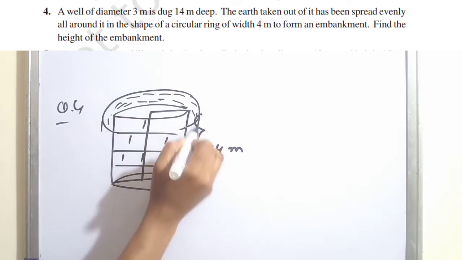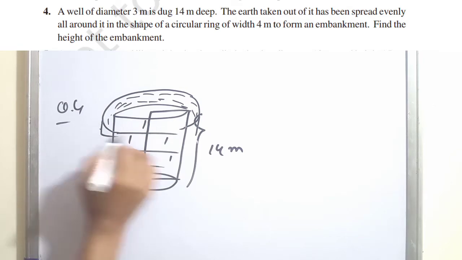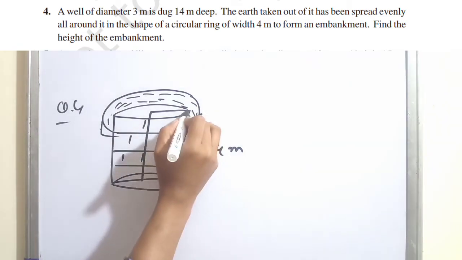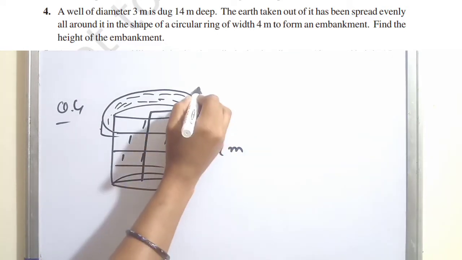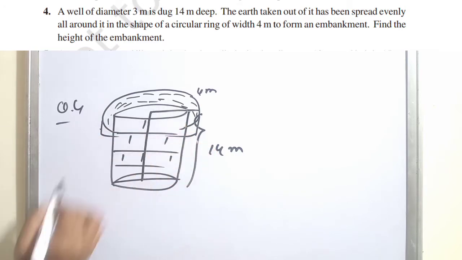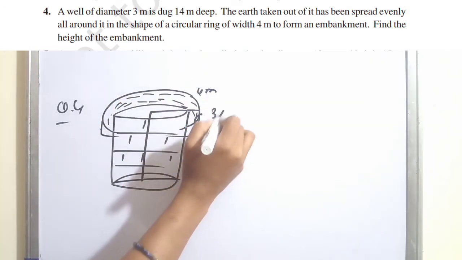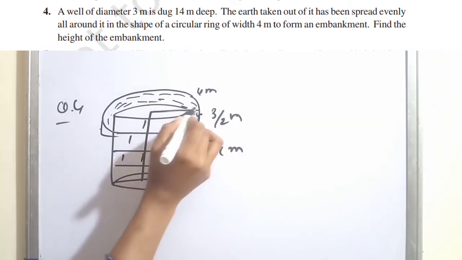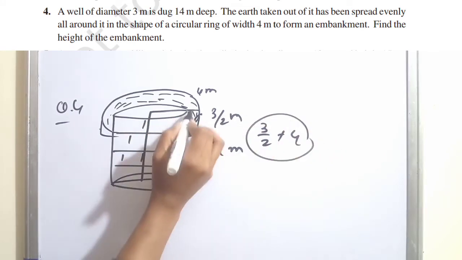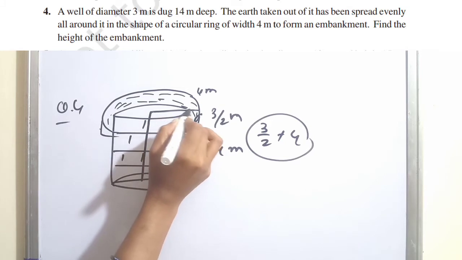So this is also a cylindrical shape, and given that this width is equal to 4 meter. So the radius of this inner circle is equal to 3 by 2 meter, and the radius of this outer circle is equal to 3 by 2 plus 4 meter, because this is 3 by 2 plus this is 4.